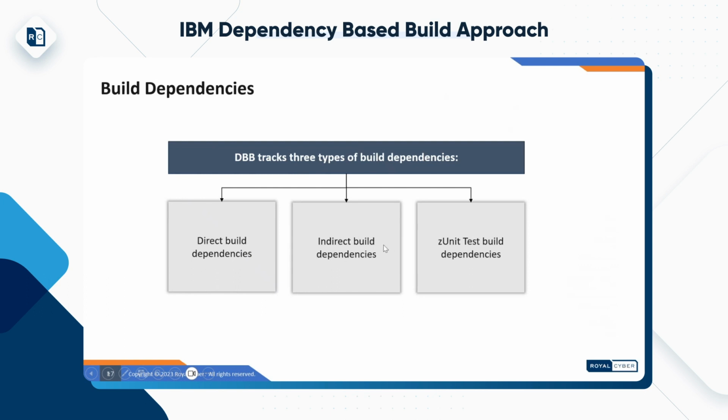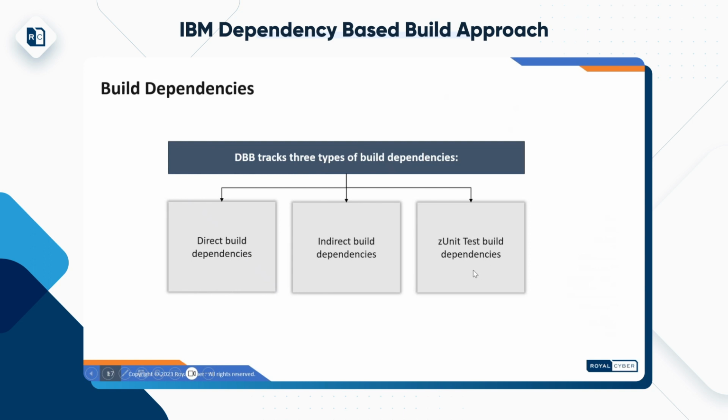So any changes which happen because of a code change eventually impact your other programs. It is nothing but your impact analysis, which will identify the programs that were impacted by a little bit of code change, which need to be compiled. That is indirect build dependencies.